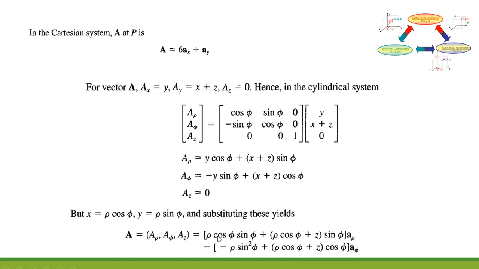Instead of y, rho sin phi, and cos phi is already there, as written here. Instead of x, rho cos phi, and z is the same. Likewise, you have to expand this and combine the equation.